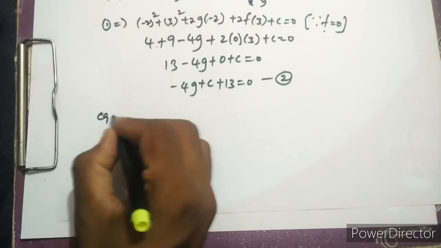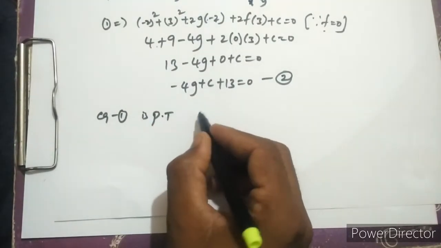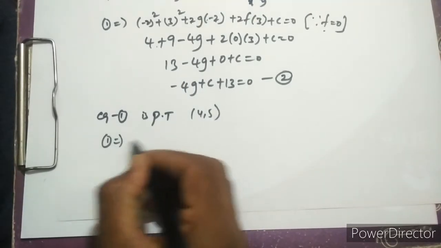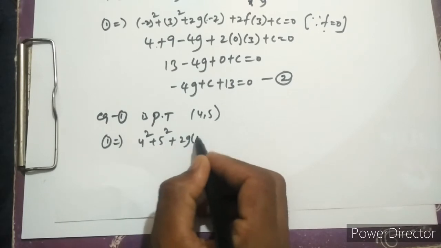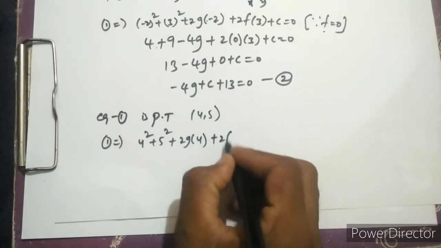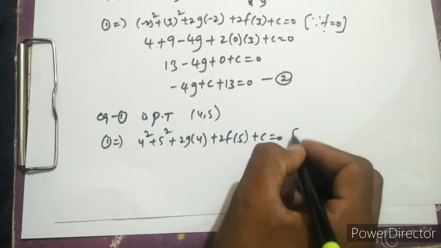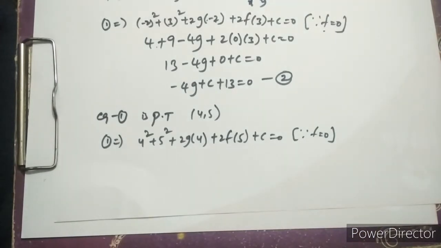Again, equation 1 is passing through the second point, 4, 5. So equation 1 implies 4 square plus 5 square plus 2g into 4 plus 2f into 5 plus c is equal to 0. Since f is 0, in place of f we substitute 0.